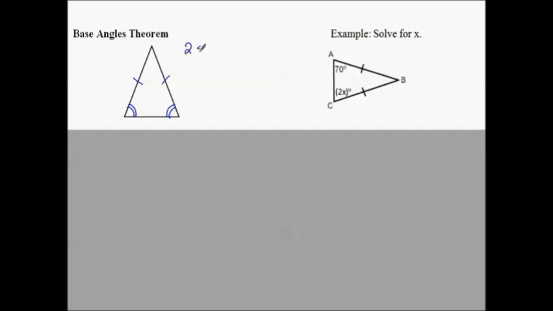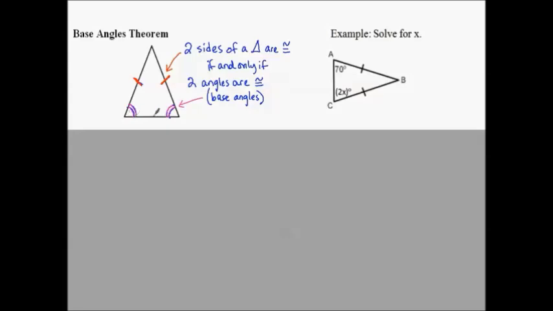So we say two sides of a triangle are congruent if and only if two angles are congruent. And those are the base angles that we're referring to.